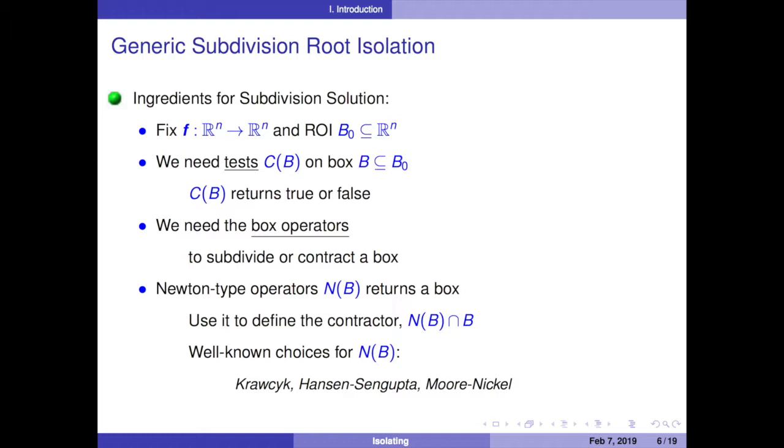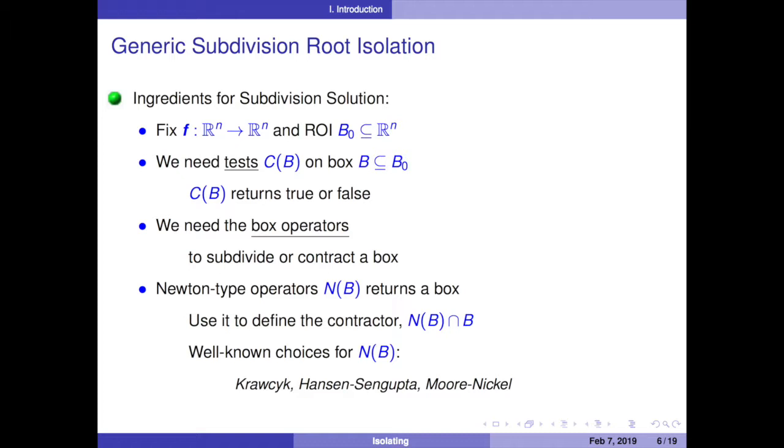So here are the ingredients that we need. Again, I'm assuming this real function from Rn to Rn, a region of interest, which is this V0 box. And we want tests, usually I say C or conditions, which return true or false on the box. And I need operators on the box, meaning I need an operator to split the box into sub-boxes or to contract a box.